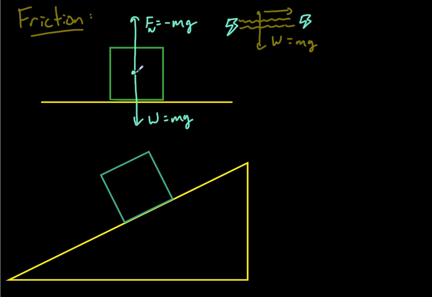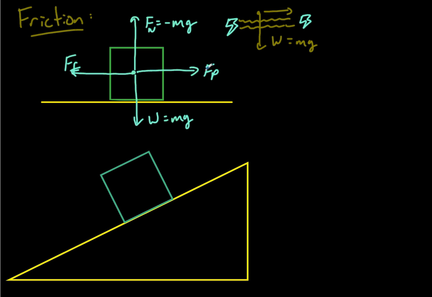But if we attempt to apply a pushing force to this, let's call it Fp, we will find that there will be resistance. Okay, there's a reactive force. We call this friction, that reacts to the forward pushing force. So we can increase the forward pushing force up to a point.